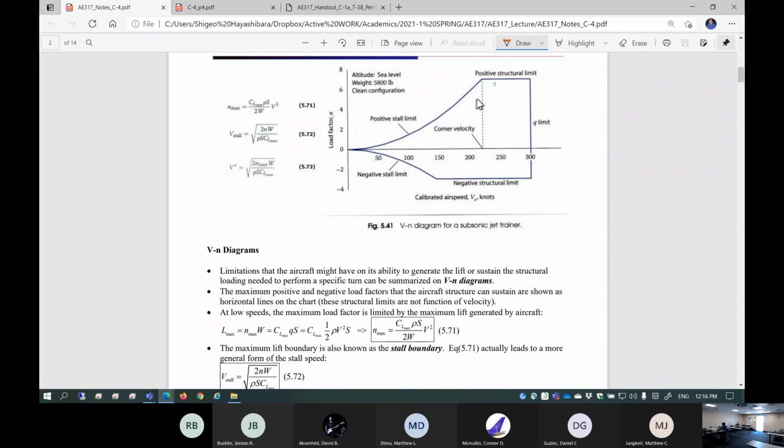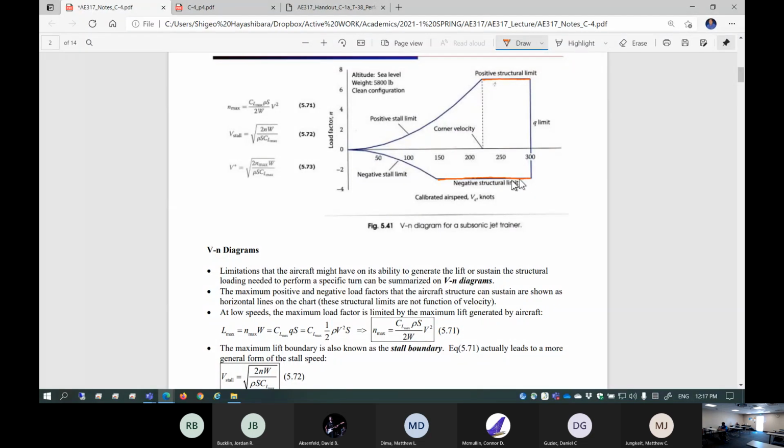First thing is, of course, this is a positive structural limit at high speed. In other words, this airplane can only take up to about 7G positive, and the negative side looks like negative 3G. So this is the positive and negative structural limit.